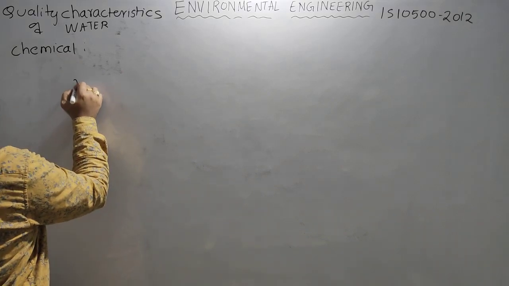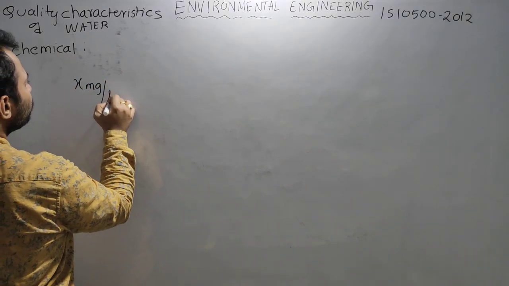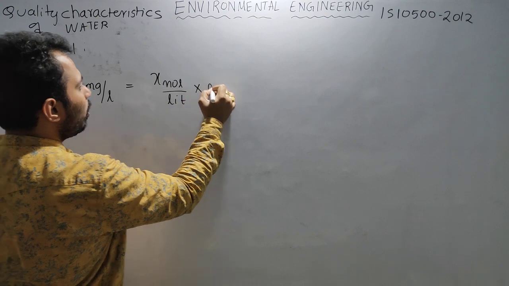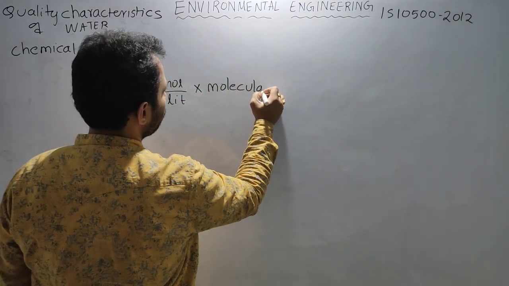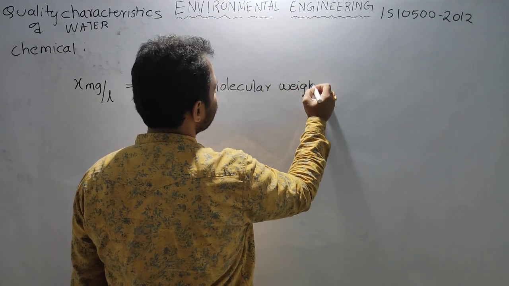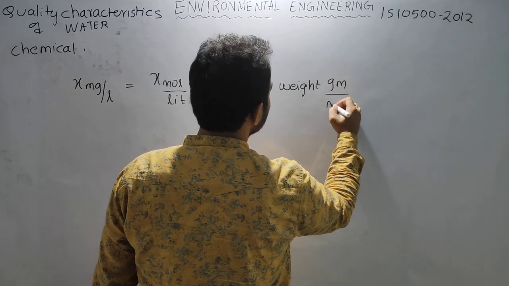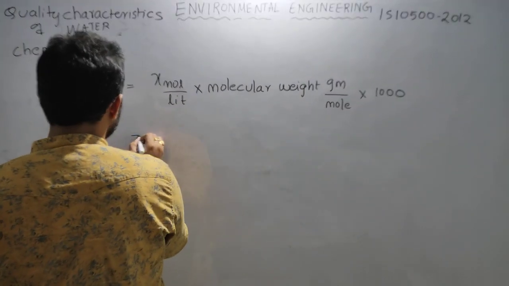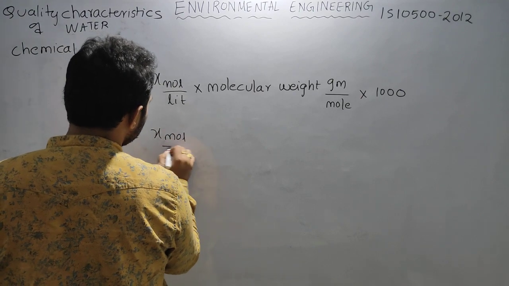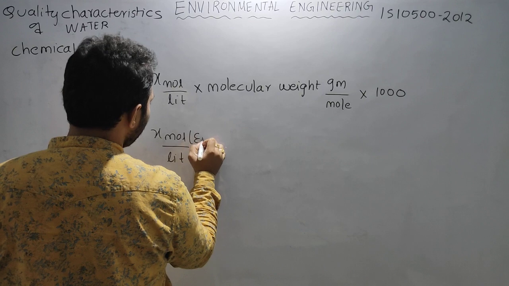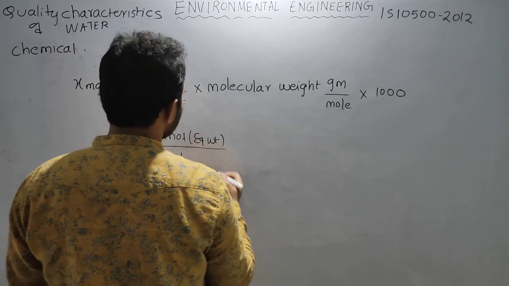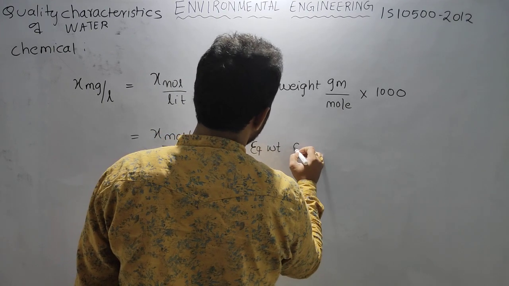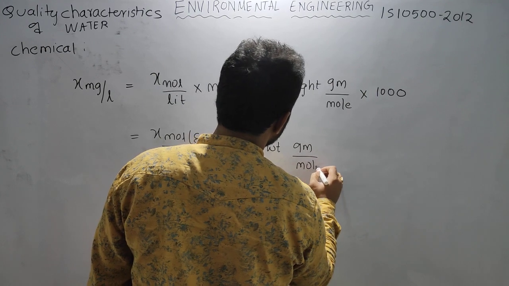X mg per liter is equal to X mole per liter multiplied by molecular weight in gram per mole, into 1000. Or, X mole per liter, where this mole is in terms of equivalent weight, multiplied by equivalent weight in gram per mole, into 1000.